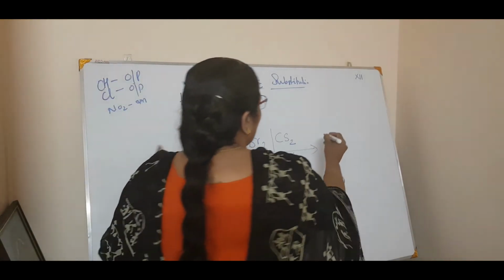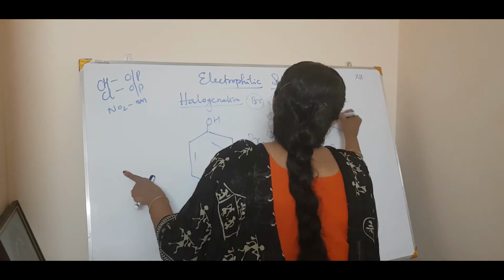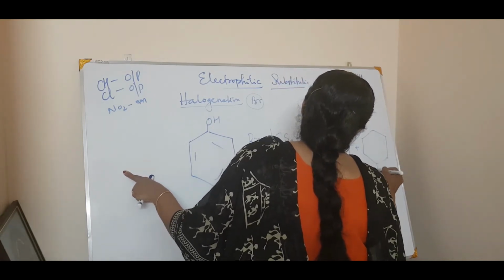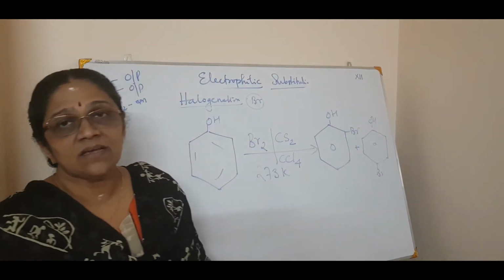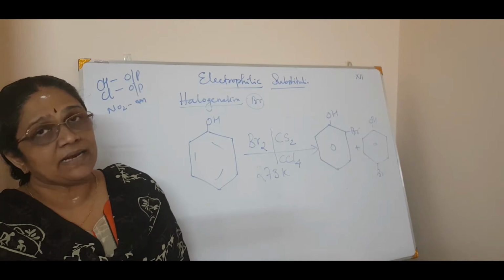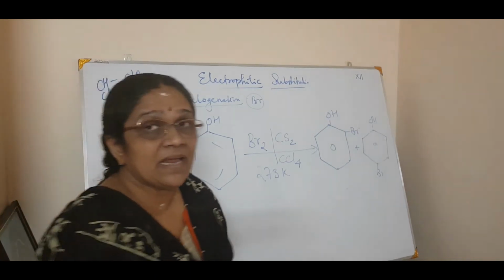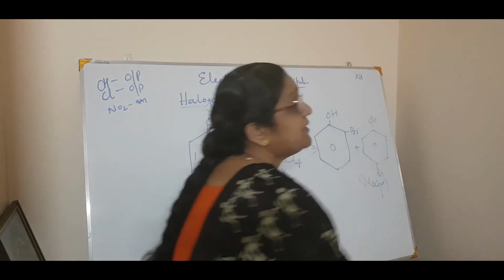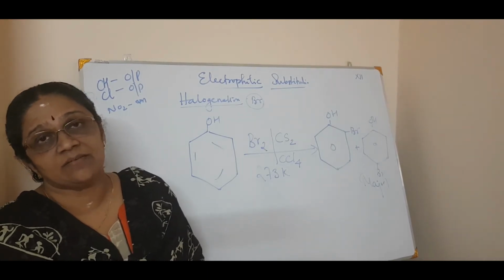So it will be two products. It's a mixture of ortho-bromophenol plus para-bromophenol. Now you know a mixture means ortho as well as para. Out of which is the major product? Para. Why? Because of its symmetry.